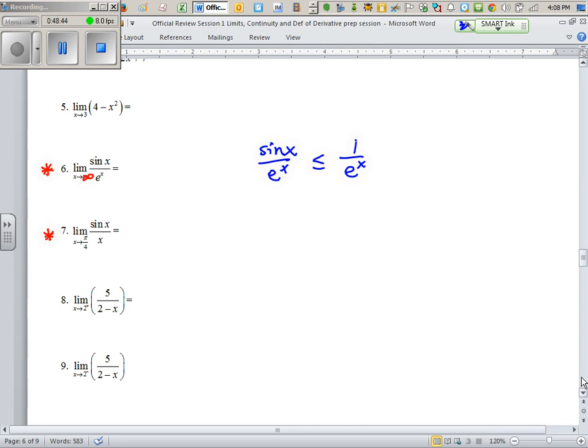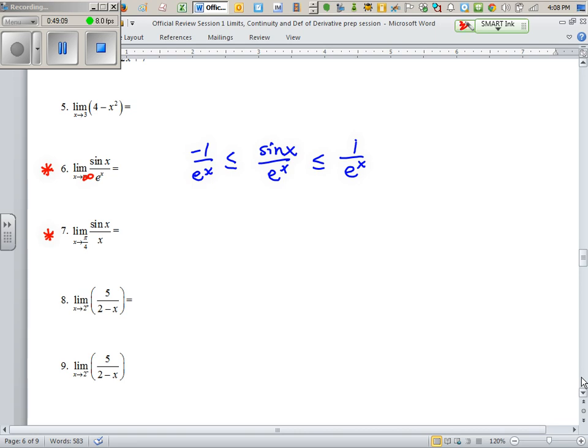Do you guys agree with the statement that I just wrote? And at the same time, sine x over e to the x is greater than or equal to negative 1 over e to the x. Do you guys agree with that statement? Since sine x is bounded between negative 1 and 1, this extended inequality has to be true.